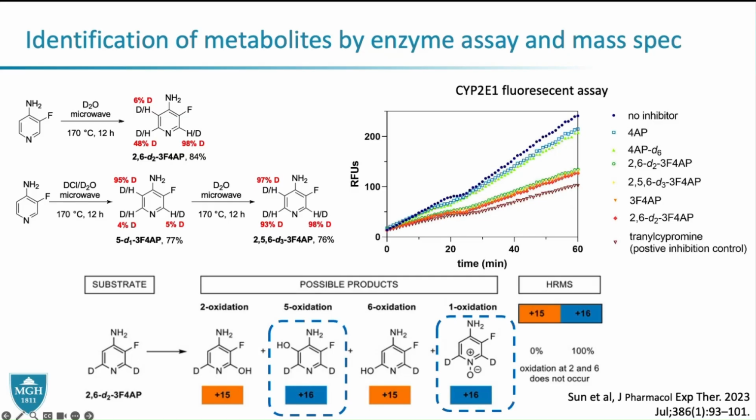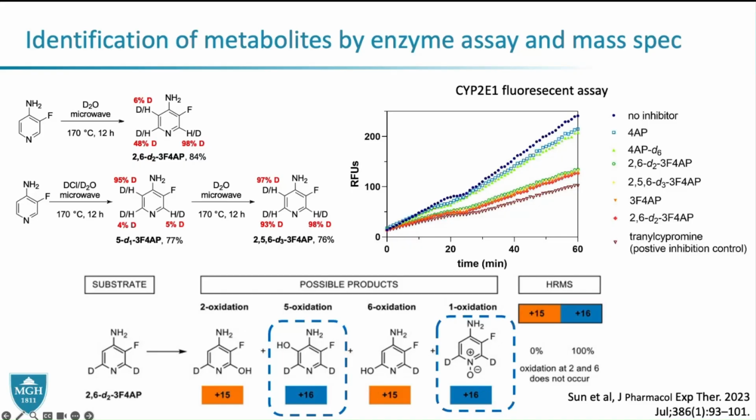We dove deeper to try to understand what the metabolites produced were. So we generated multiple deuterated derivatives of 3F4AP with deuteration in different positions and different percentages.